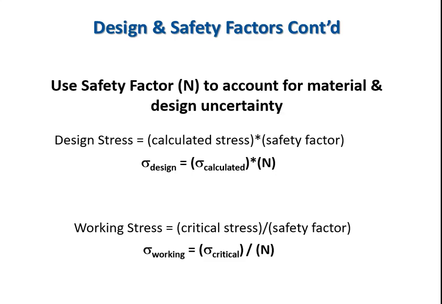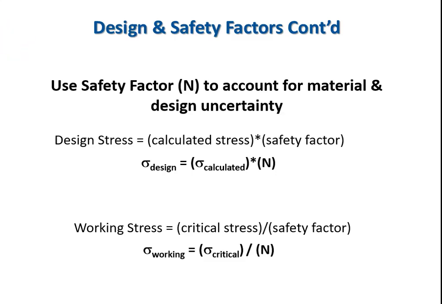So working stress just simply goes the other way, but it's approaching it from the standpoint of something that you really want to avoid, a critical stress. So say you knew that you had a yield stress or a fracture onset type of stress of 1,000 psi. You would not allow a working stress that was more than that 1,000 psi divided by your safety factor. So in this case, the working stress would be a smaller number.